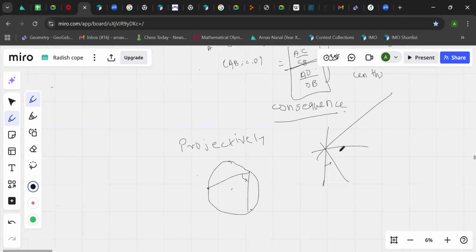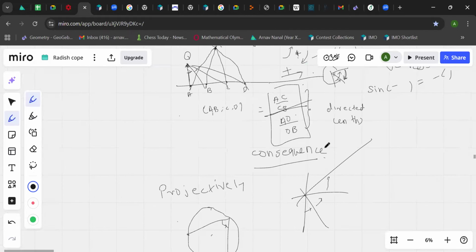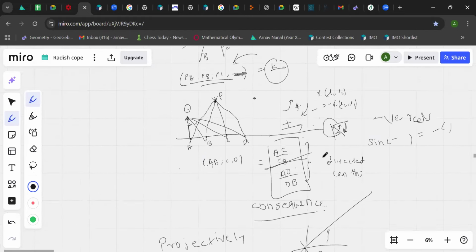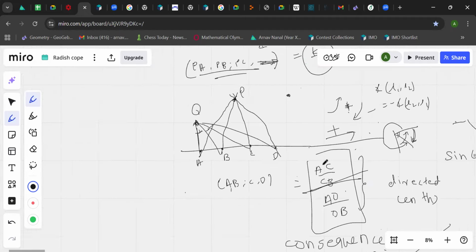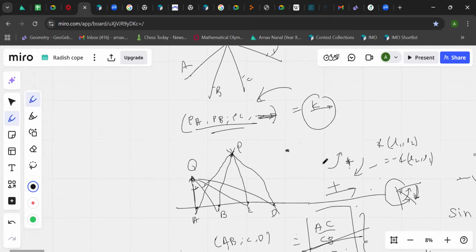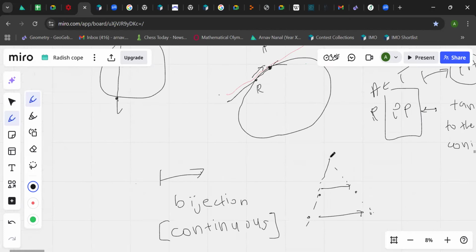What we have here is just preserved. So you're not defining the cross ratio through angles. You're defining a cross ratio through a function that remains invariant.